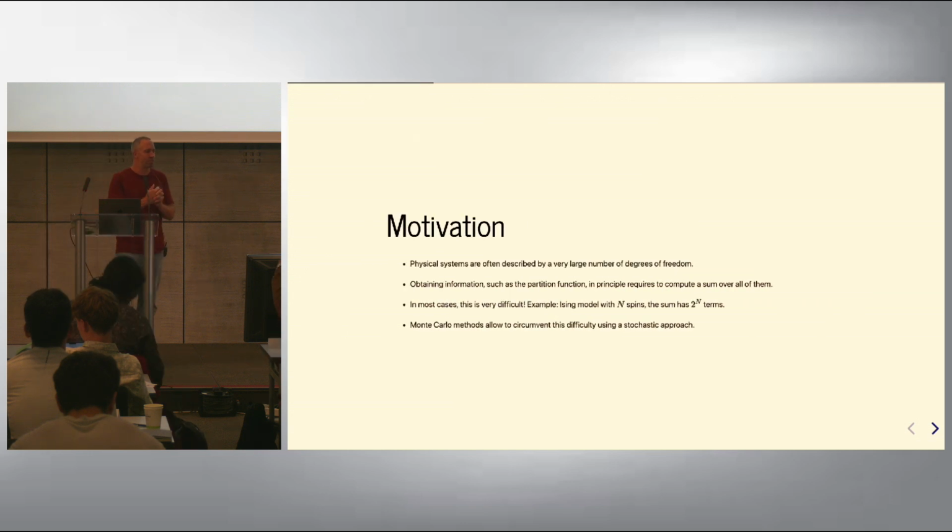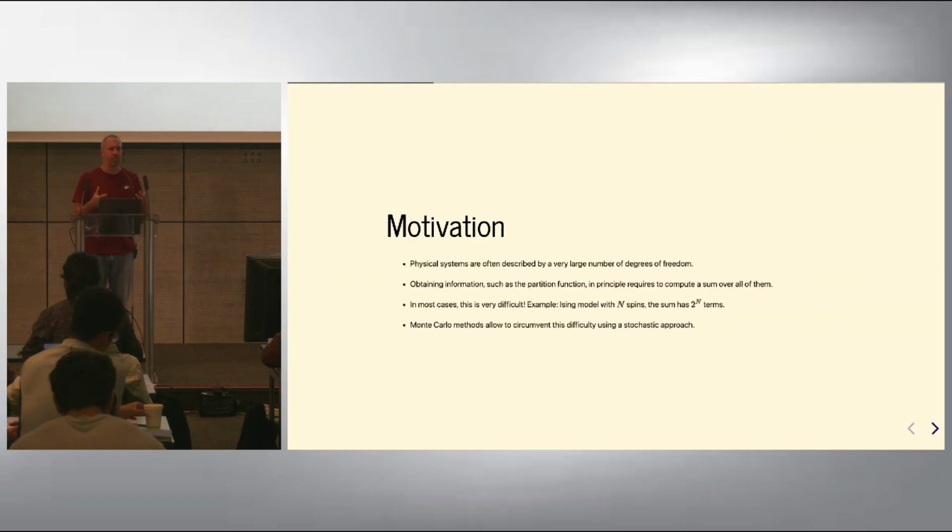So maybe just to start, the motivation for Monte Carlo methods: they are stochastic methods, and they're used in situations where we're dealing with systems that have many, many internal degrees of freedom, which we typically meet in condensed matter physics. To compute physical observables, for example a partition function, we need to sum over all the possible configurations that the system can have, and this very quickly becomes very difficult.